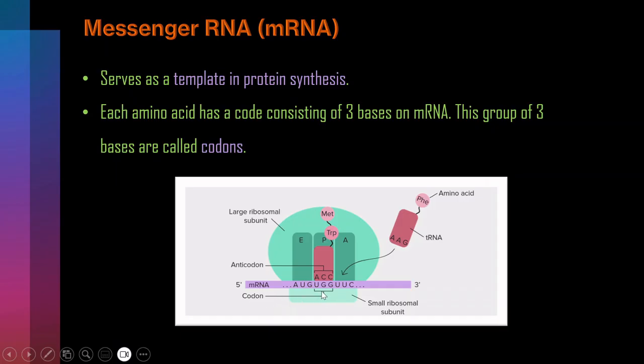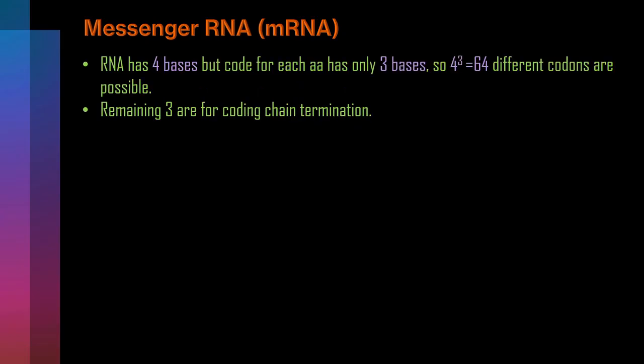A codon is a group of 3 bases. Like if you see here, UGG, that is a code. AUG is another code. UUC is another code. And this group of 3 bases of mRNA are known as the codons.